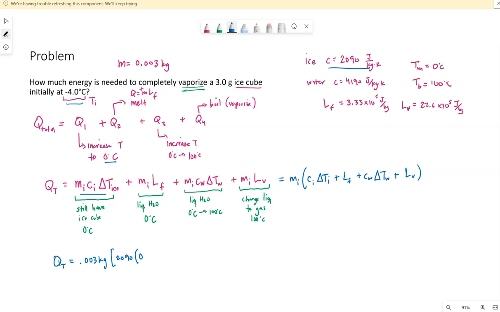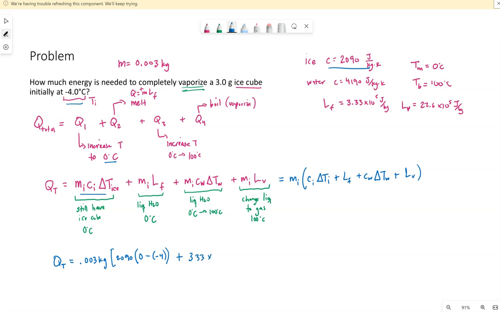So the final temperature while it is still an ice cube is 0 degrees Celsius minus the negative 4 degrees Celsius. So we're going to get a positive number in there. So the 4 times the 2090, that's the times the mass is going to be the energy needed to just get the ice cube to 0 degrees Celsius.